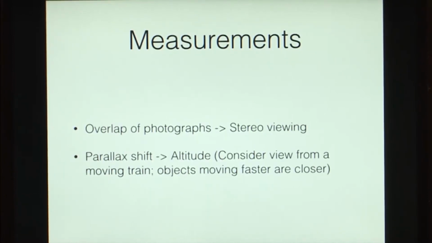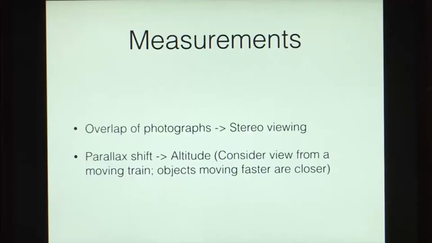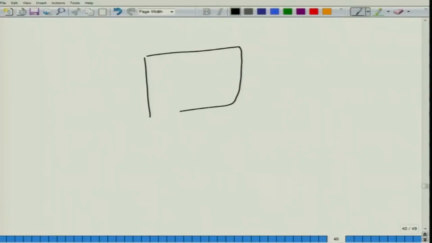Now, how do we take these measurements? As we saw in the previous slide, when we are taking two photographs, these two photographs will be having some amount of overlap to permit us stereo viewing. Now, stereo viewing means that you are taking the image of the same object from two different locations. So, for instance, when we have this as photograph 1 and this as photograph 2, so this is P2 and this is P1.